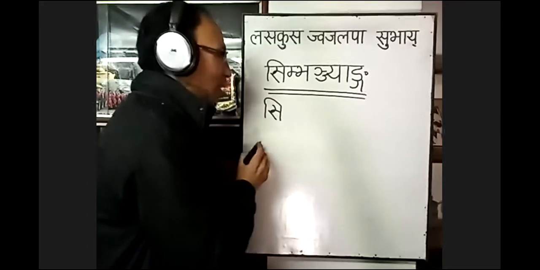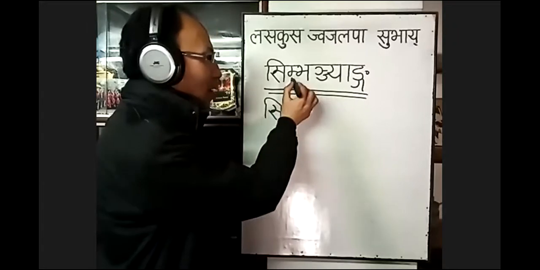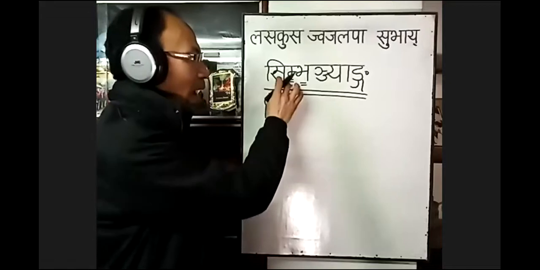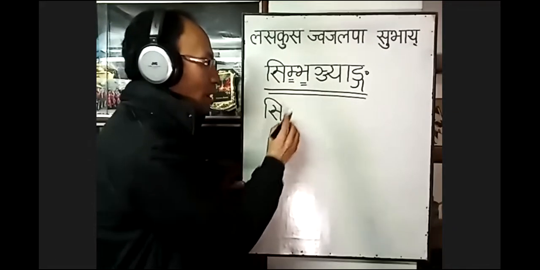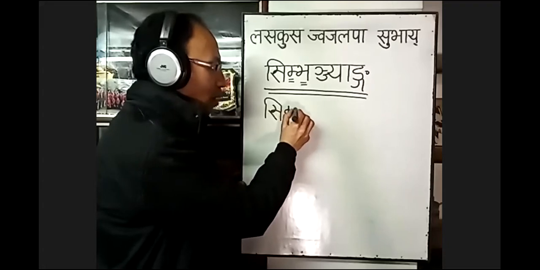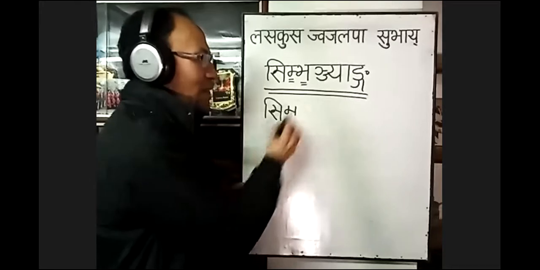So this is C, and here we have the two letters ma and pa, and ma is added to pa here. First you write ma, okay, and the bha is added.